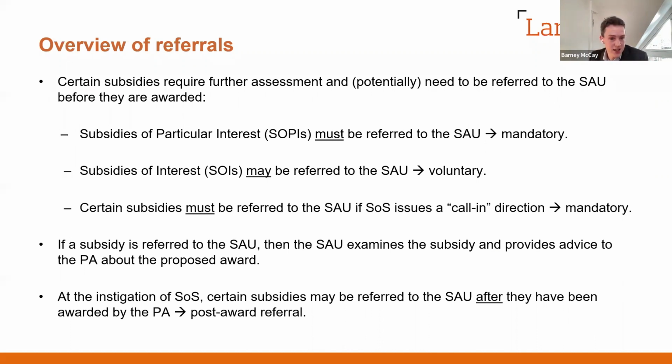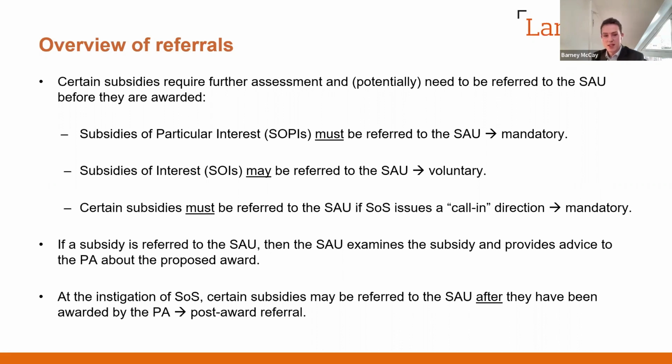So if the subsidy is of particular interest, and that's the definition within the regulations that are enacted under the legislation, then it must be referred to the Subsidy Advice Unit. That's a mandatory referral. If the subsidy is a subsidy of interest, then it may be referred to the Subsidy Advice Unit by the public authority. So that's a voluntary referral.